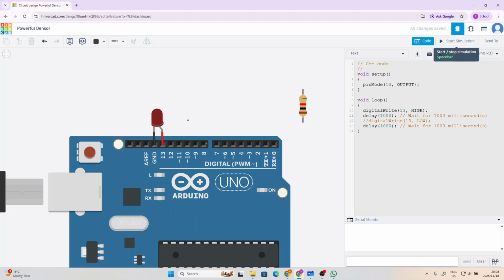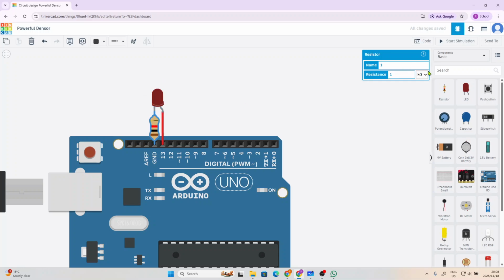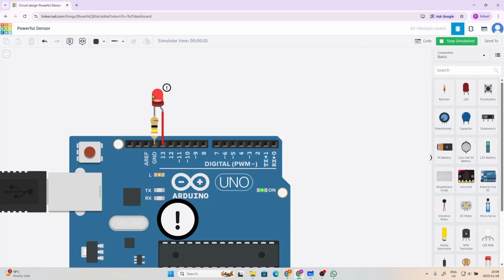Let's see if our calculations are correct. Putting in a resistor, we're going to set it to 94. There, we got close. That means there's slightly more than 5 volts going through here. It's more like 5.1. But as you can see, we brought it down to 20.3 milliamps.